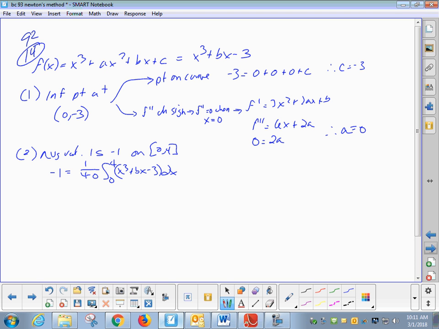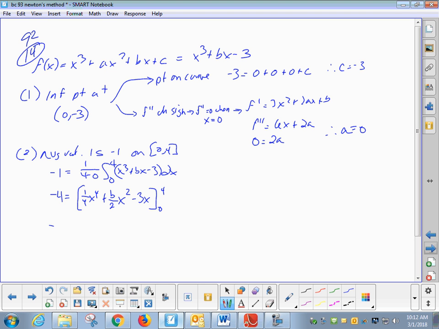All right, so here we go. I'm going to move that 4 over there and anti-differentiate: 1/4 x to the 4th plus b over 2 x squared minus 3x from 0 to 4. That feels all right.